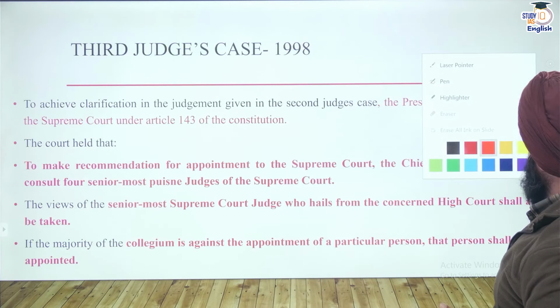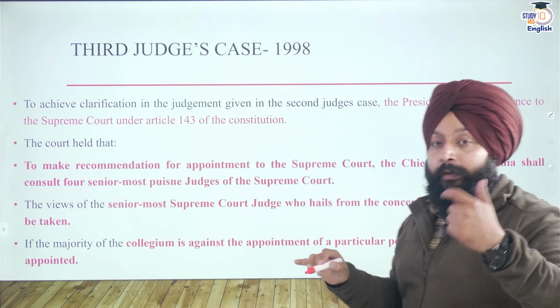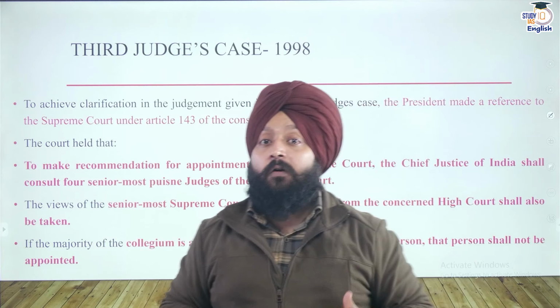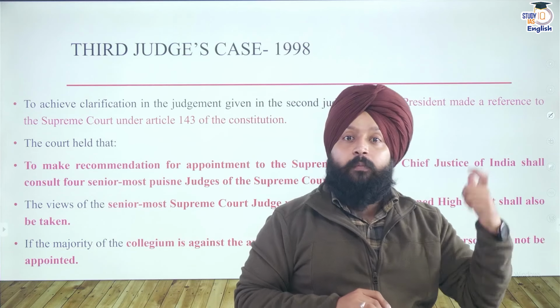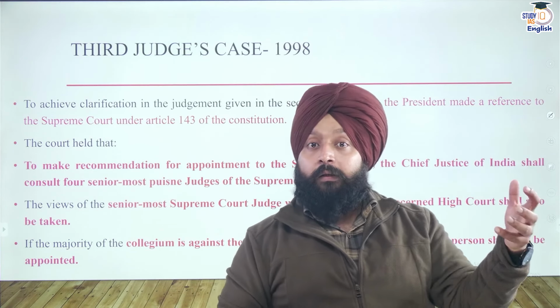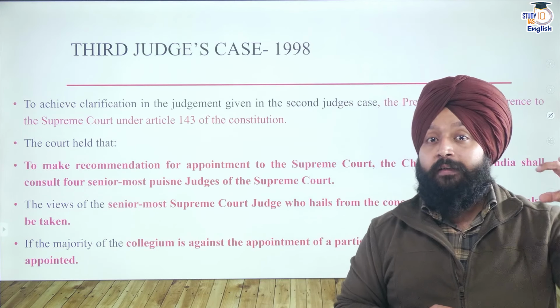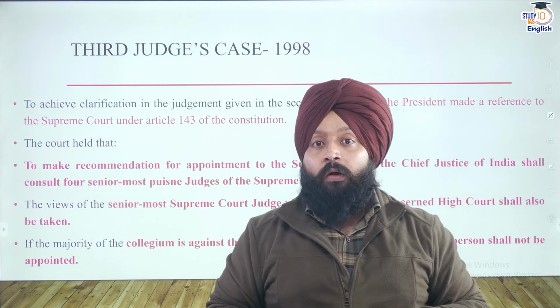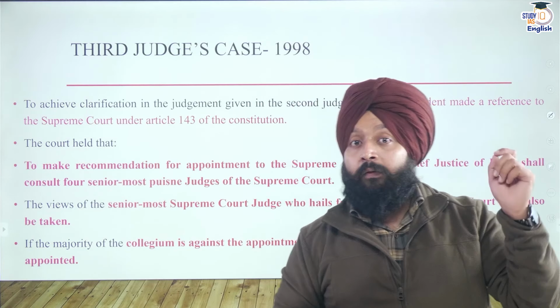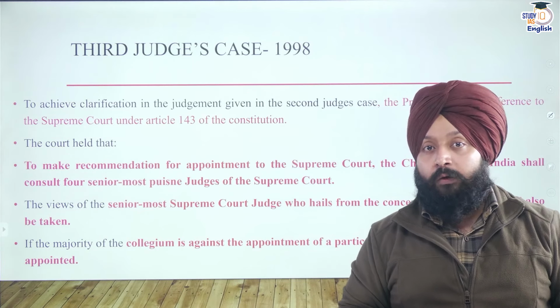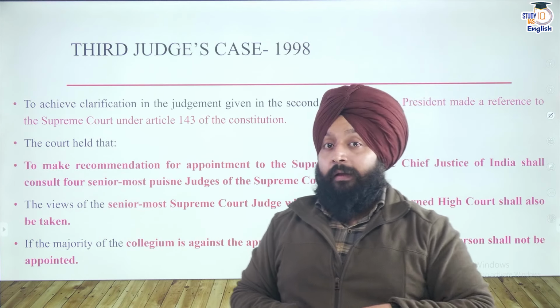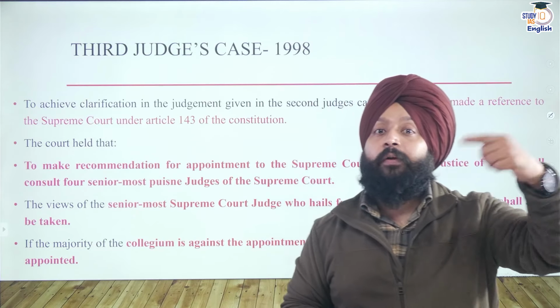Now when the Supreme Court gave this judgment, the government was really in flux. The government stated, till now we have been appointing judges to the Supreme Court and High Courts, but now the judiciary is taking our power, it is usurping our power. So now we'll make a presidential reference to the court under Article 143, and we'll ask the Supreme Court to clarify its judgment.